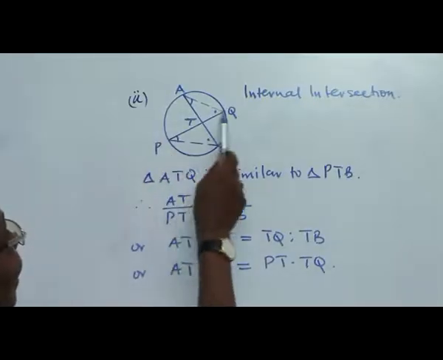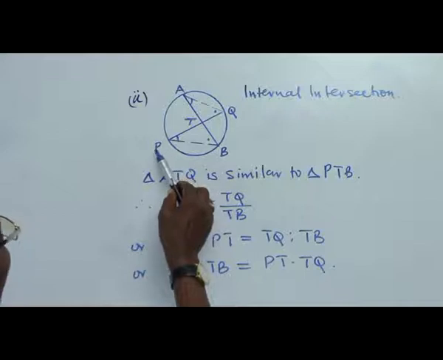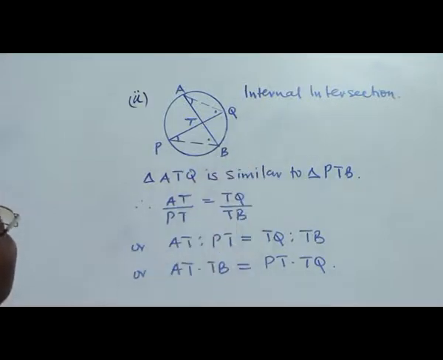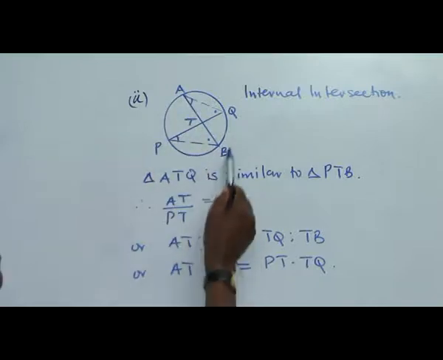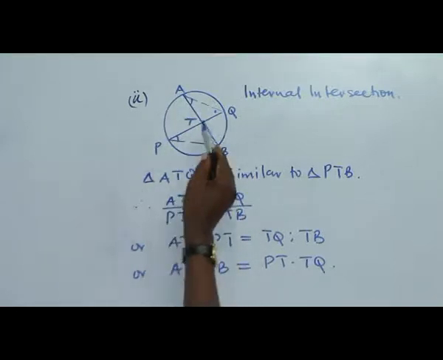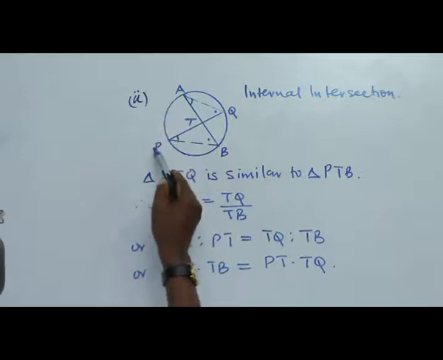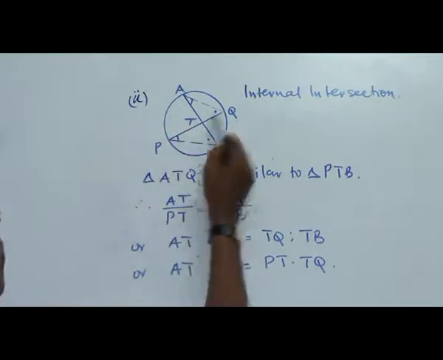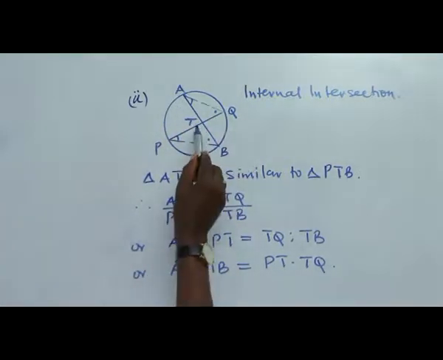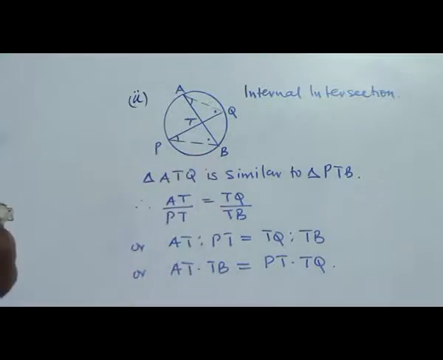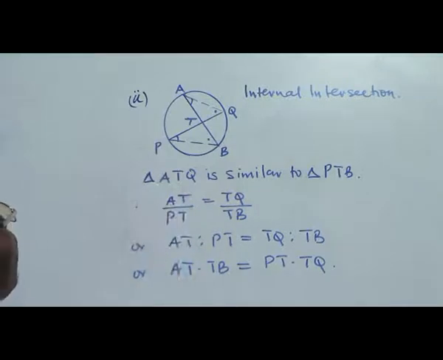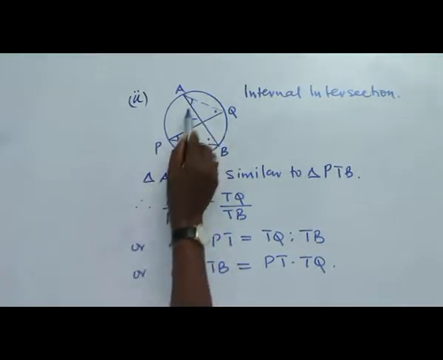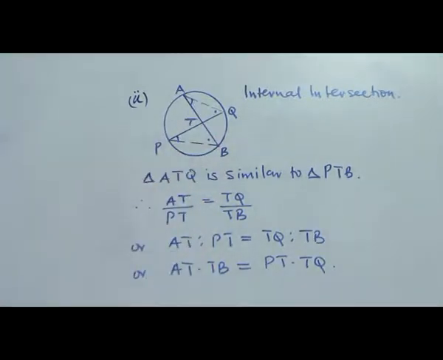Okay, here is the internal intersection of two chords. Here is the circle APBQ, and you have the line AB and the line PQ. Both are chords, and they are intersecting at the point T. You observe that this angle and this angle are equal, and this angle and this angle they are also equal.